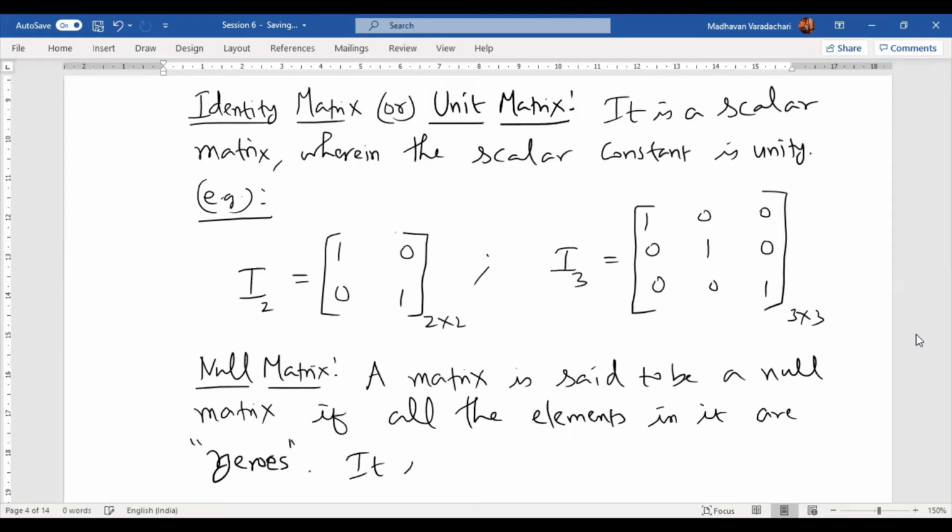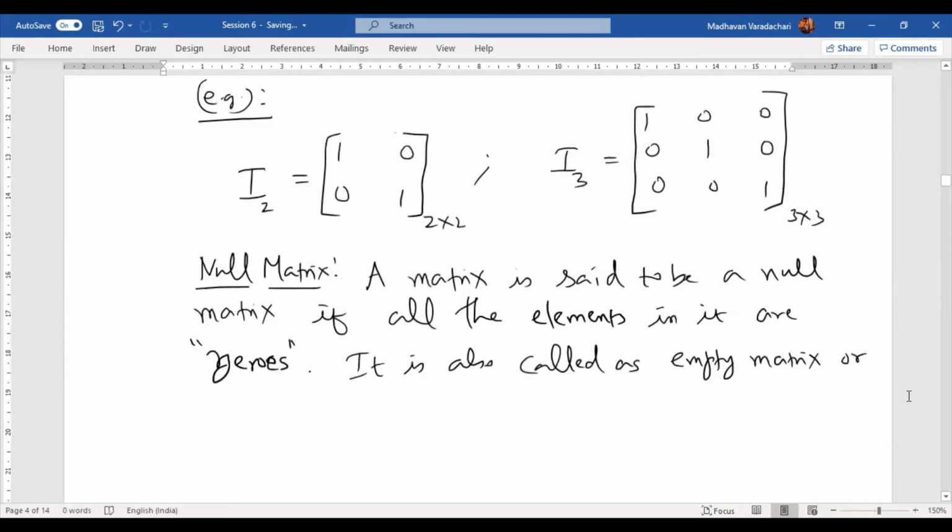It is also called empty matrix or void matrix, V-O-I-D.